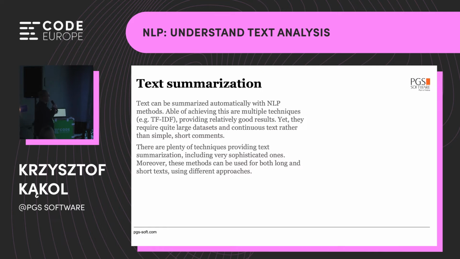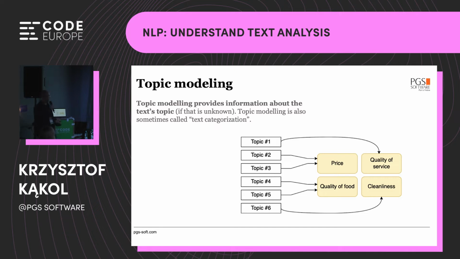And one more: topic modeling. This is super important. In every text analysis, topic modeling is present. Topic modeling is basically an unsupervised learning mechanism, which means that it takes the text, divides it into sentences, and assigns a topic to every sentence.